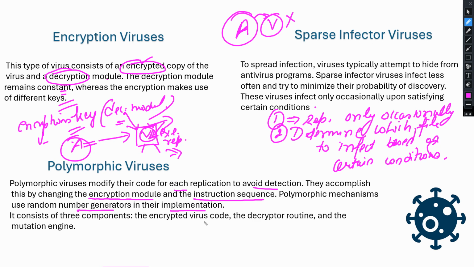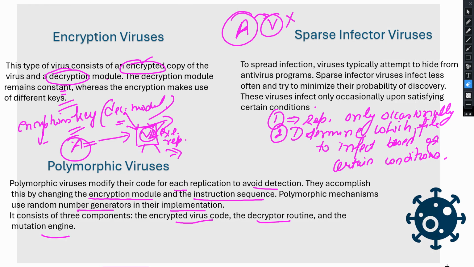It consists of three components: the encrypted virus code, the decryptor routine, and the mutation engine. So that's the basic introduction to polymorphic viruses.